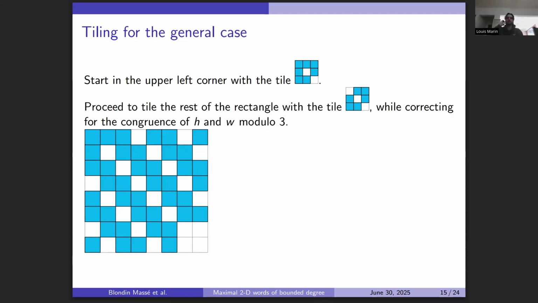The configuration of the bottom right corner will only depend on the congruence of h and w modulo 3. So this is how you get it, and then for all the 6 cases, it's just calculating the excess. This is how you obtain a construction of a twofold word that has the right excess.